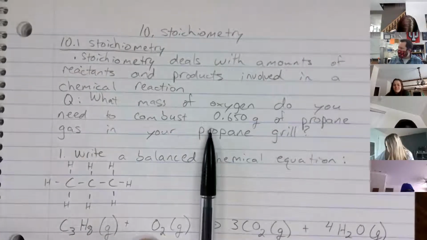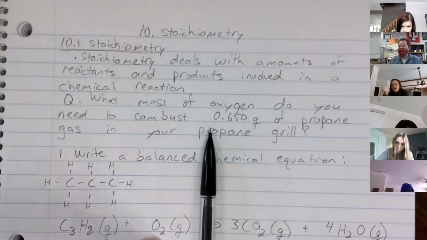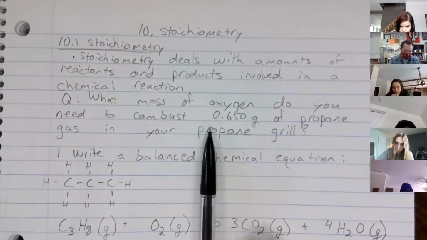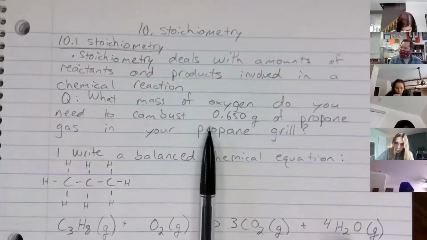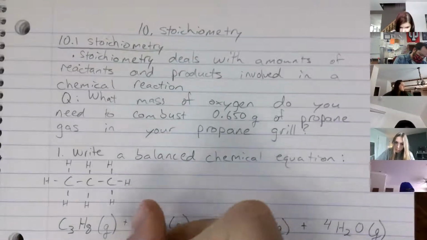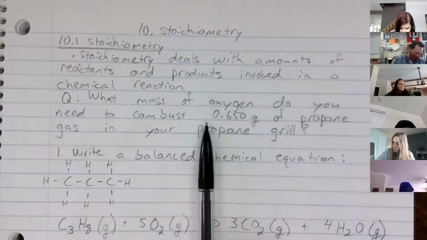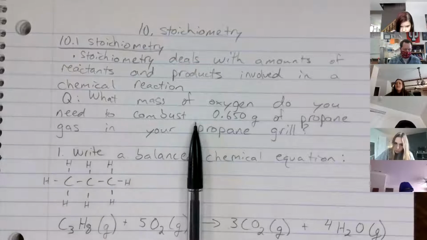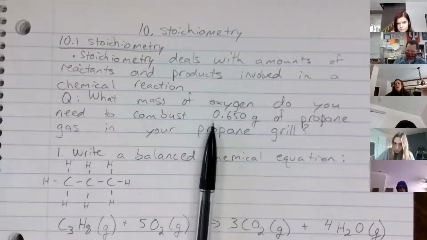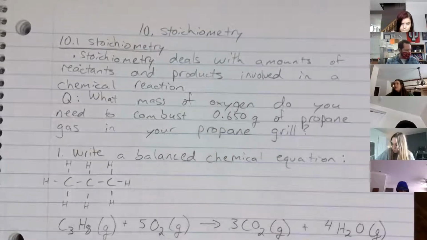On the left, I've only got 2 oxygen. That'll be easy to fix, though, as long as I have an even number. Let's see what we got. 3 times 2 is 6. 4 more is 10. Yes, we can do that. 10 oxygens. Cool. There's our balanced chemical equation.